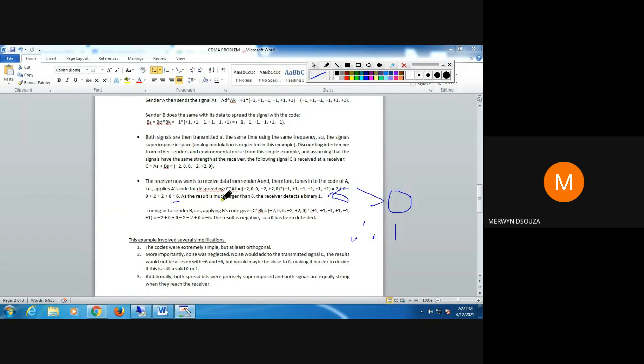So you say that the receiver has received 1 from station A. Similarly, if you want to extract station B's data, you apply the superimposed signal to station B's key and find a dot product.